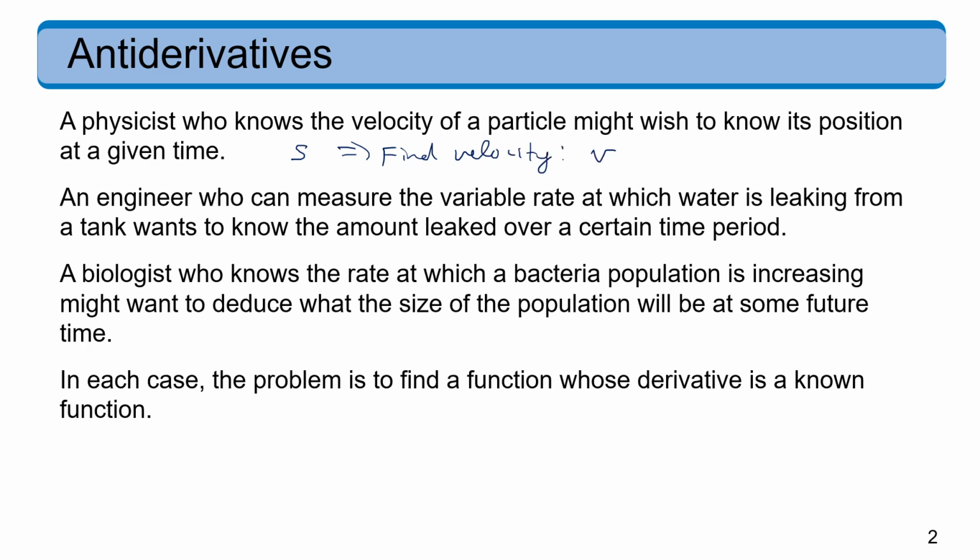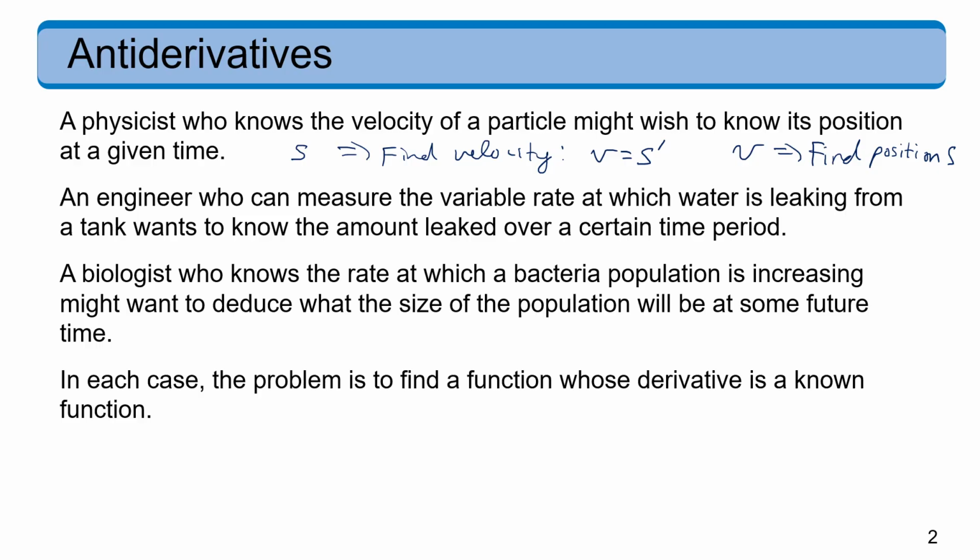So velocity would be s prime. But in this case, we're doing that in reverse. Now we're starting with velocity, and we want to find the position. So we need to go backwards, right? We don't want to take the derivative of v, we need to take the antiderivative of v.